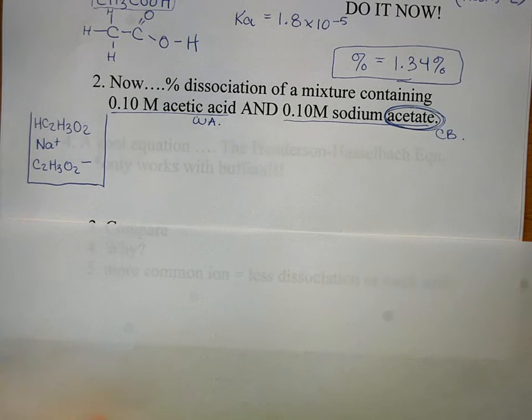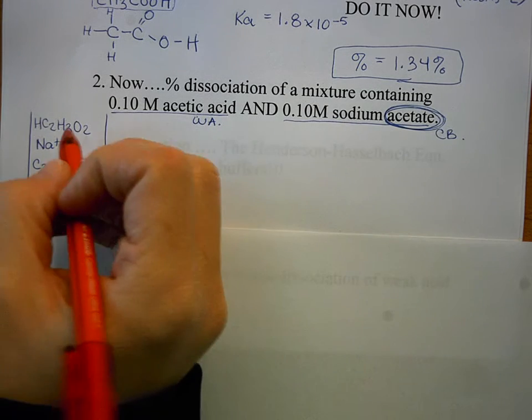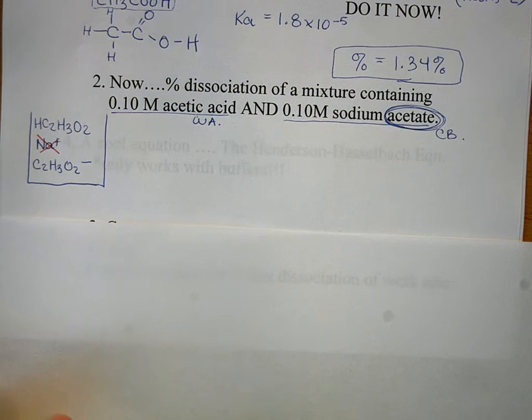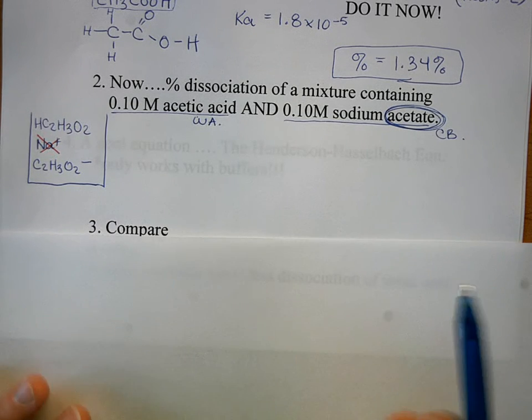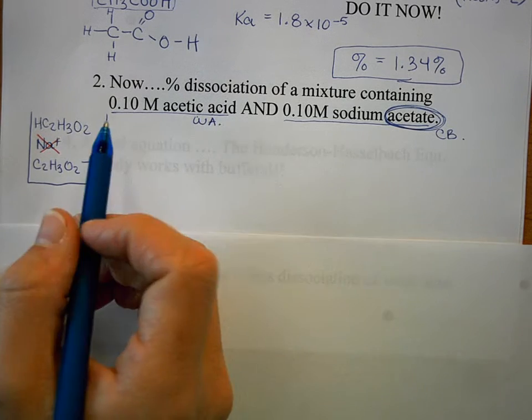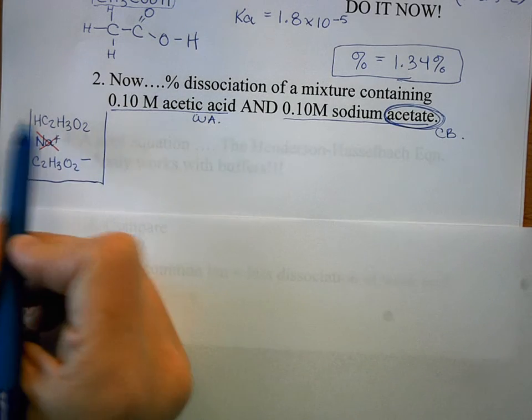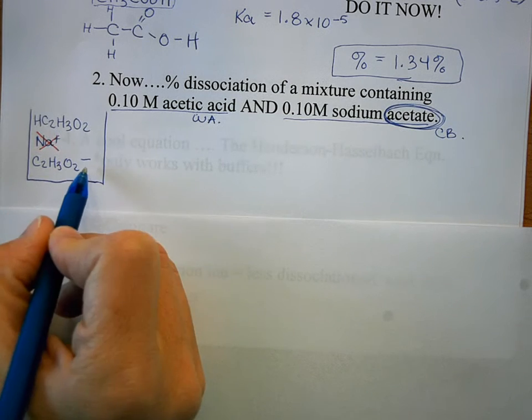Right away, the sodium ions don't matter when we're talking about pH or dissociation, just like they didn't matter for the pH of salts. So what I'm working with is acetic acid and these acetate ions.